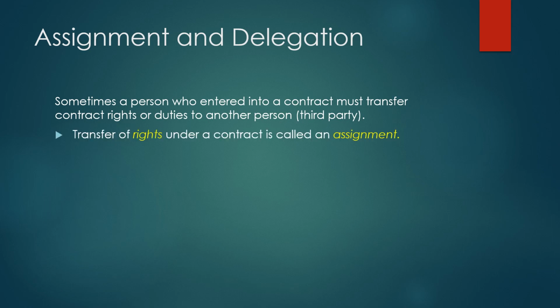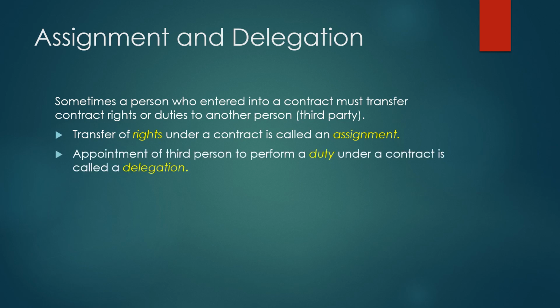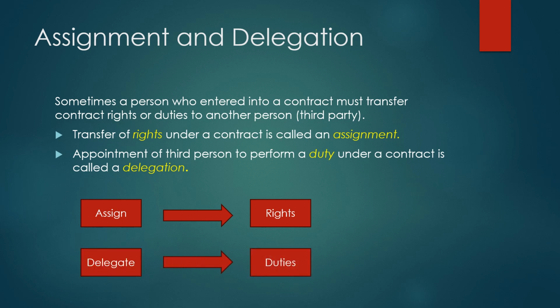And so a transfer of rights under a contract is called an assignment. And an appointment of a third person to perform a duty under a contract is called a delegation. So easy to remember, we assign rights and we delegate duties. So assign rights, delegate duties.